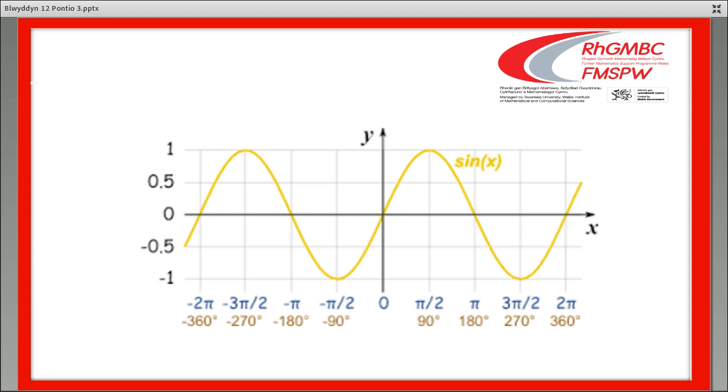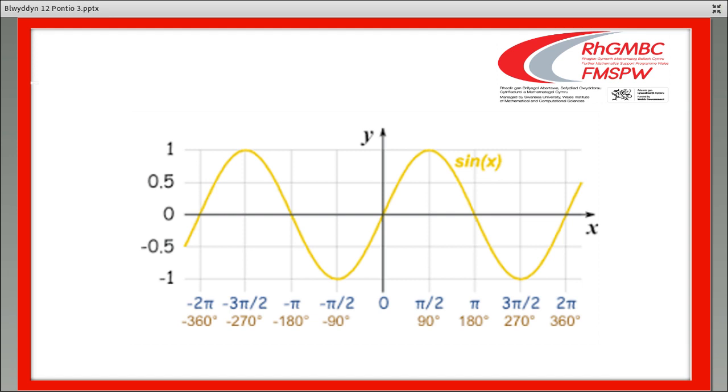Now, as you can see, we have there y equals sine of x. And the physicists amongst you would call that a sine wave, which is correct. But you can see that every 360 degrees, we are repeating the curve.